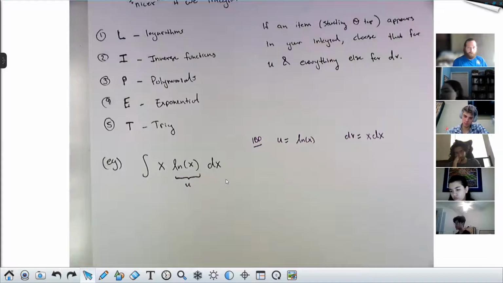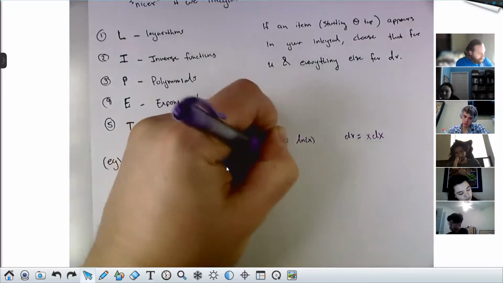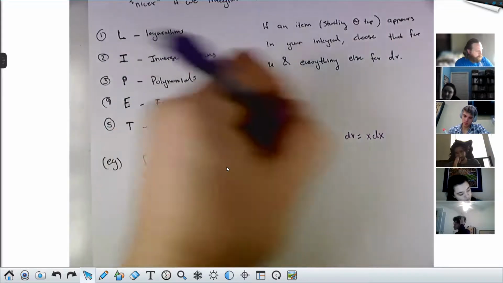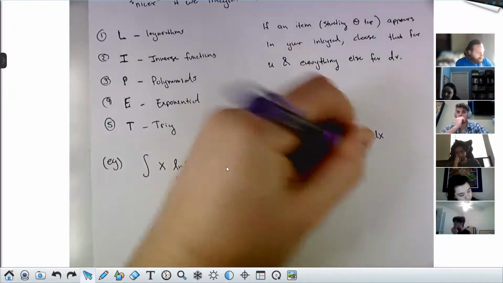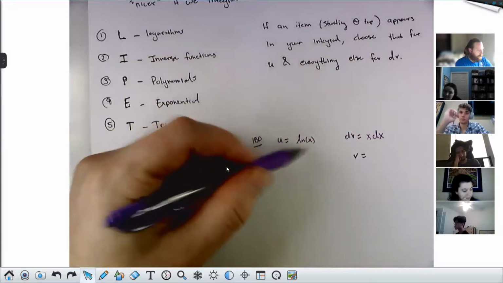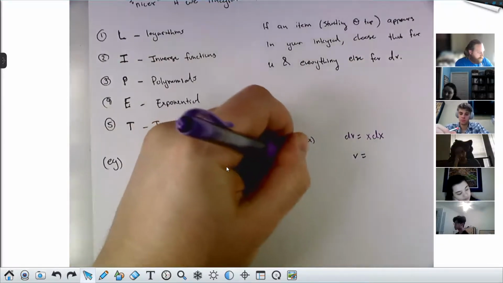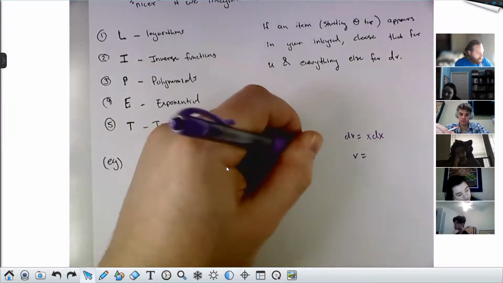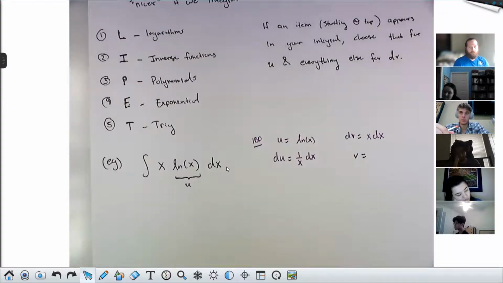So once you've chosen u, following your LIPET rule, dv is just all the other stuff that's there. Now we complete our IBP table by calculating du from u and v from dv. The derivative of ln x is 1 over x. So du is 1 over x dx. And again, please don't forget to write the differentials here. I will take points off for that on the test.